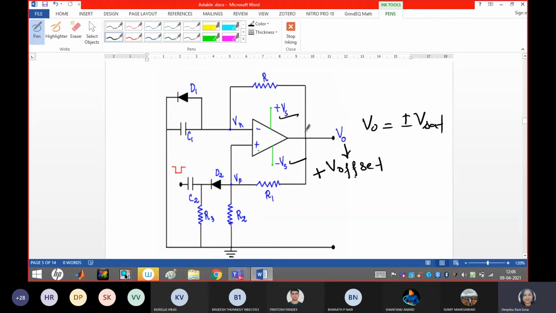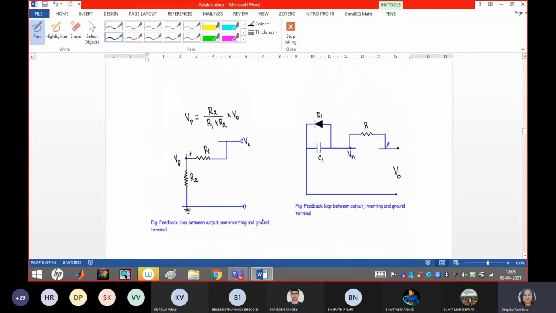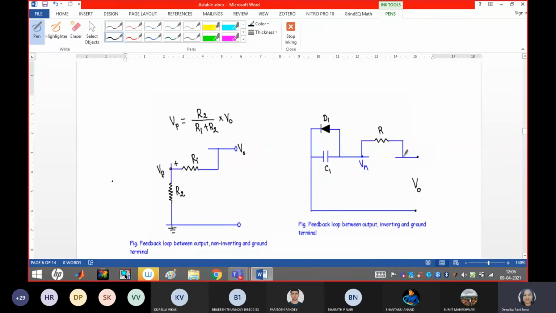Now this V0 is the offset voltage. So what will be the voltage at Vp and the voltage at Vn? For that, I'll show you the circuit simplification, this part alone. This is my point Vp. I have to figure out the value of Vp here because of the offset voltage. This is nothing but a voltage divider network, taking the path for the non-inverting input terminal.